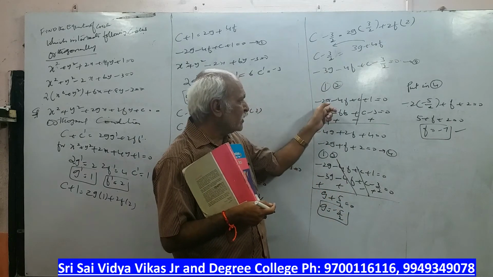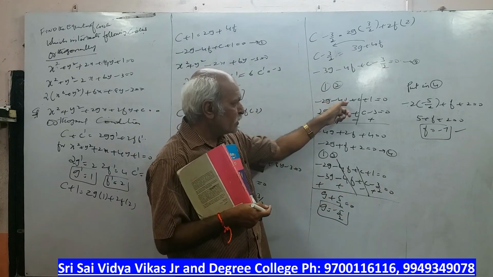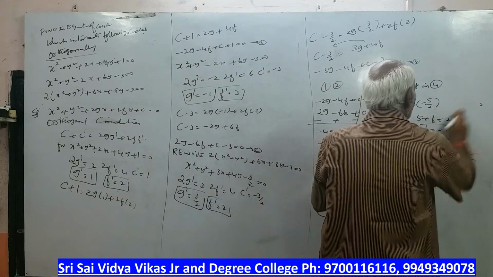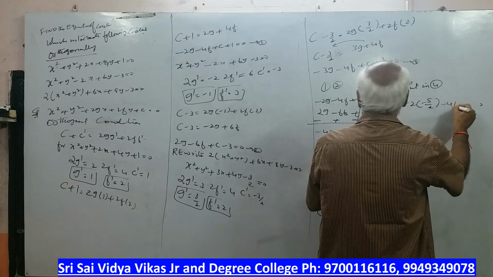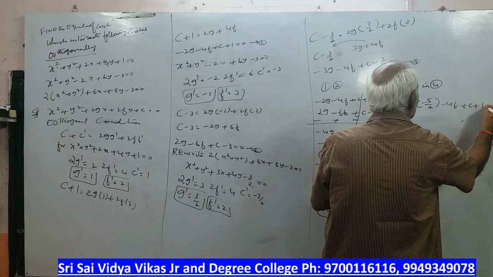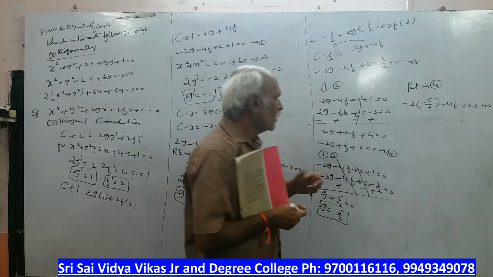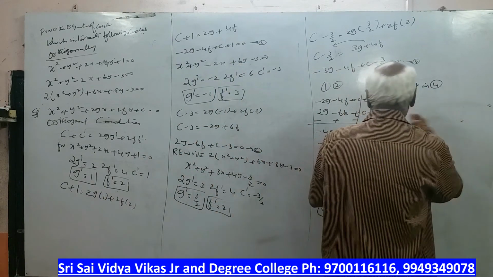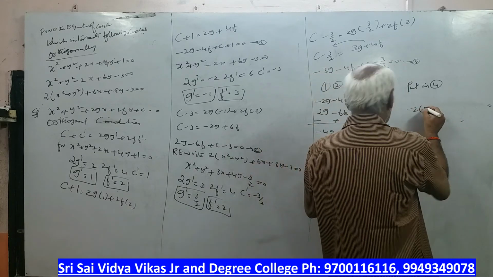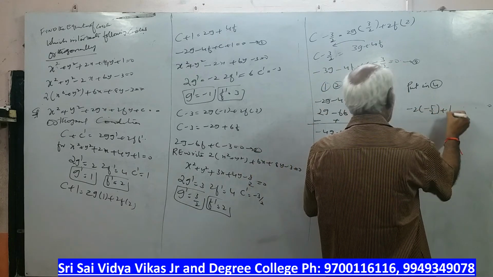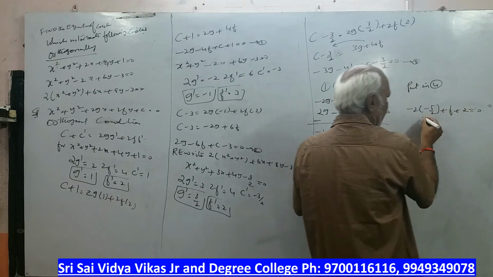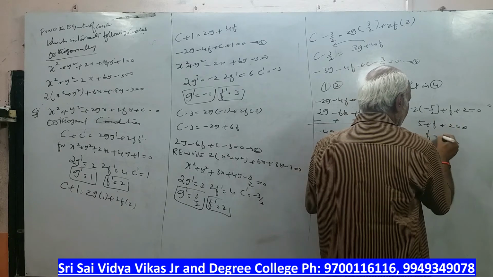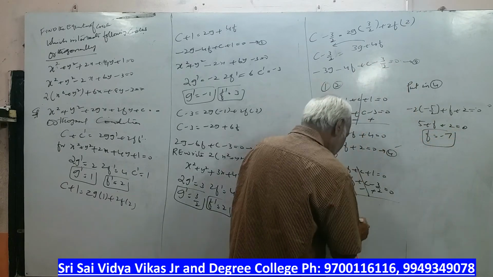Minus 5 by 2 I have put in the fourth equation: minus 2g, g value minus 5 by 2, plus f plus 2 is equal to 0. So 5 plus f plus 2 is equal to 0. So what is the f value? Minus 7. You got the g value, f value.